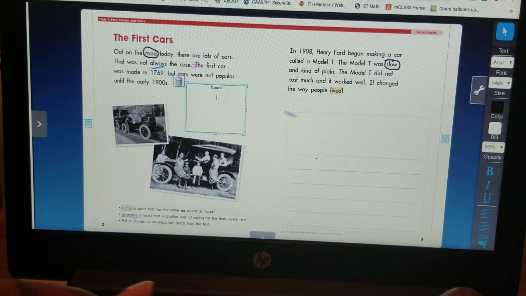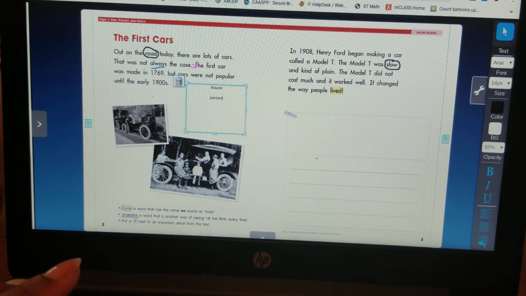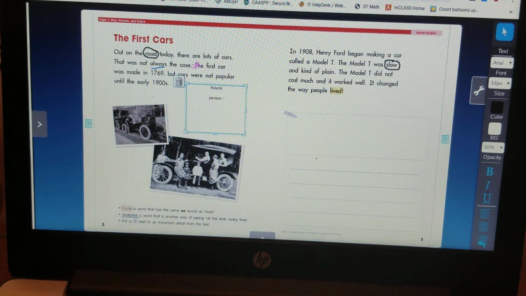We had a person in our story, and we even know his name. He was the person who made the Model T car. Remember him? He's right here on our page, Henry Ford. So you can circle his name and write noun, or you can write it on the page.